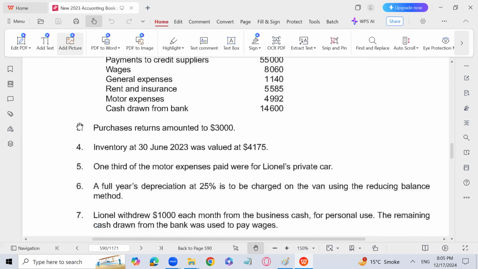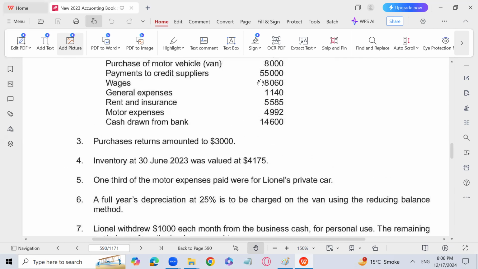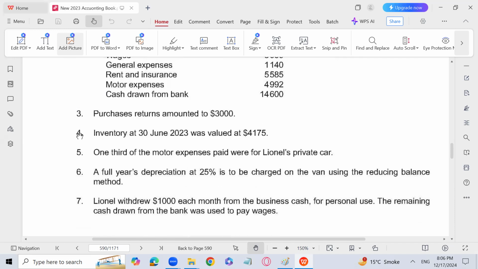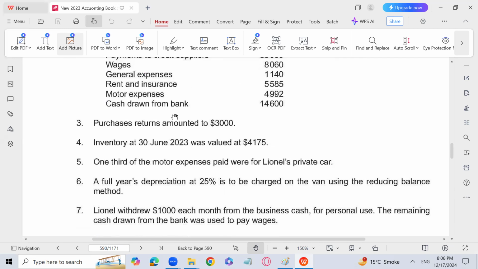Out of that, 12,000 is treated as drawings, and the remaining 2,600 will be our expenses of wages. The wages already given are 8,060, which is the wages paid through bank.